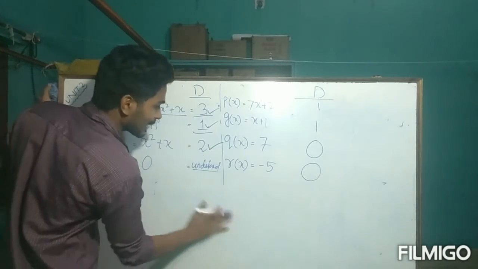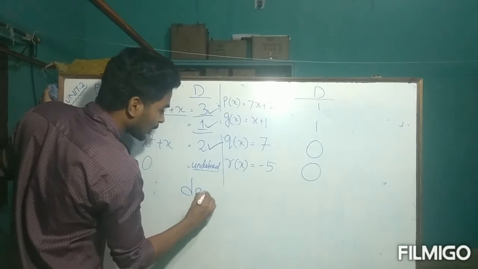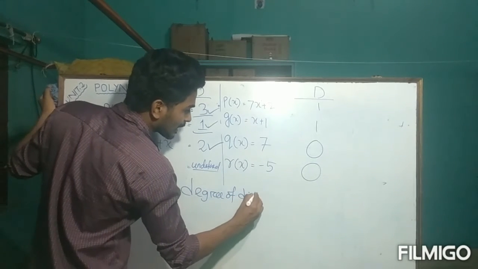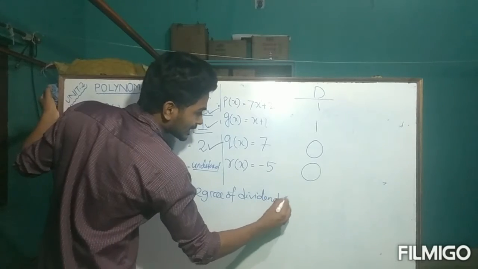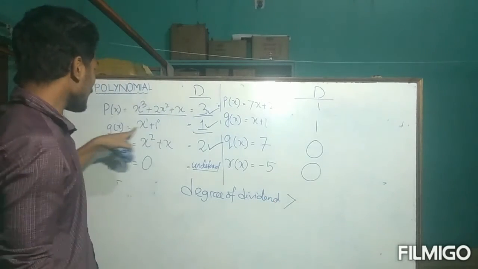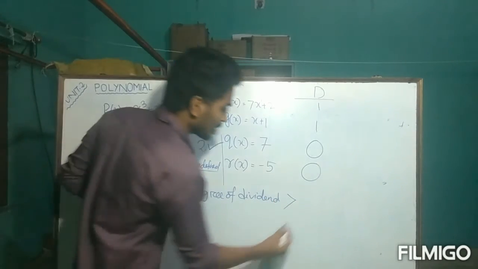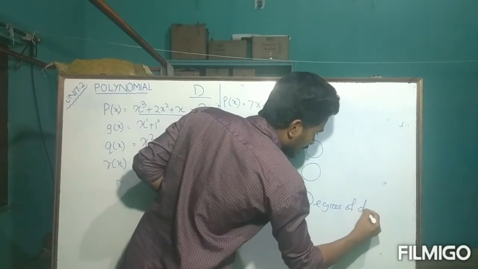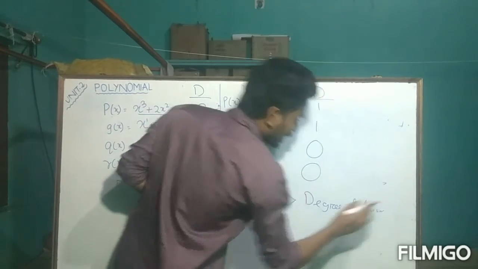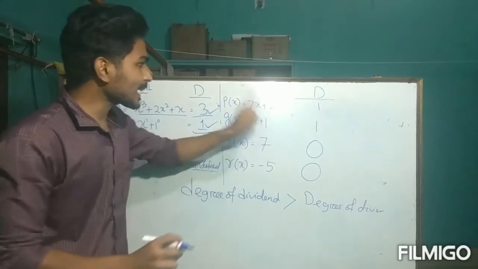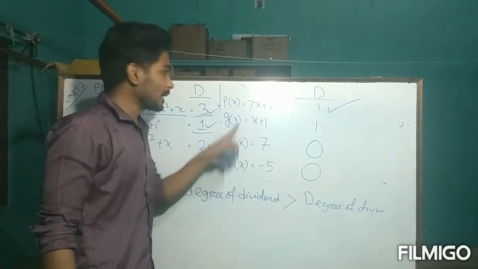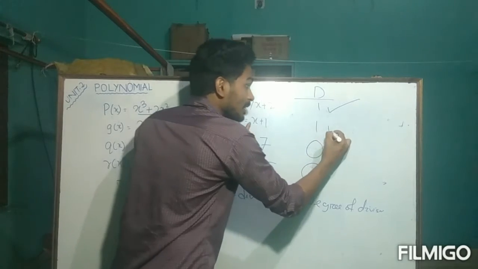So we can write it as degree of dividend is greater than which one? Degree of divisor. Okay, clear? But in the second case, the degree of the dividend is 1, and the degree of the divisor is also 1.